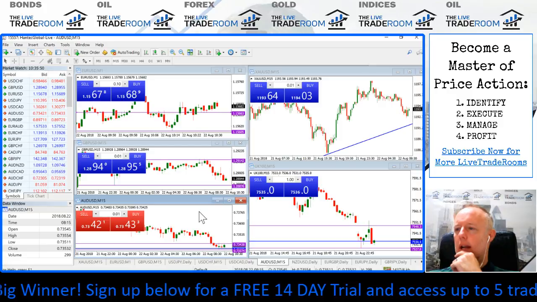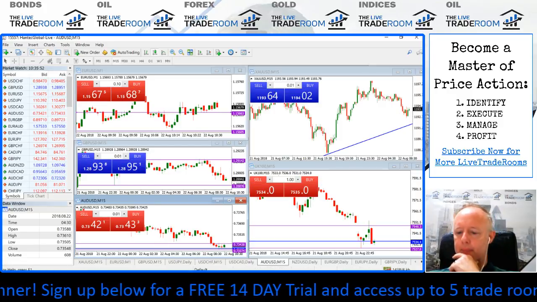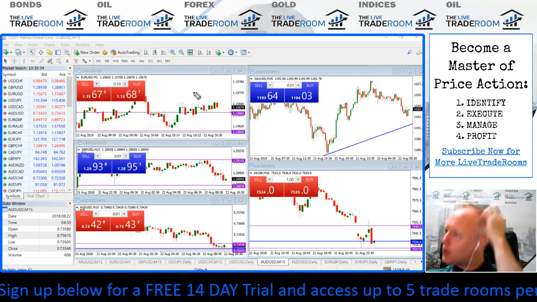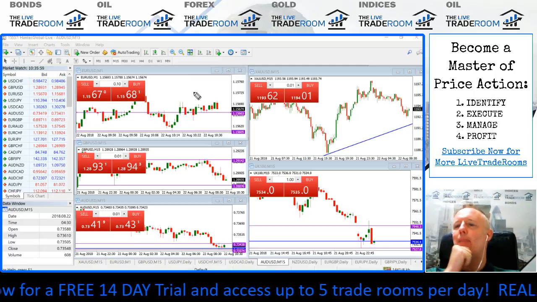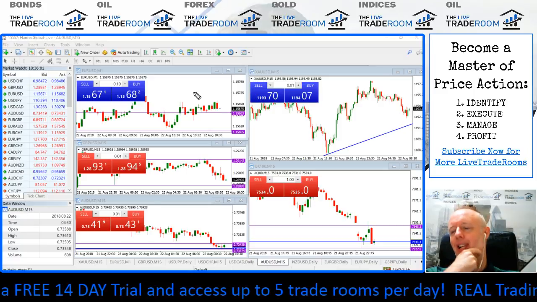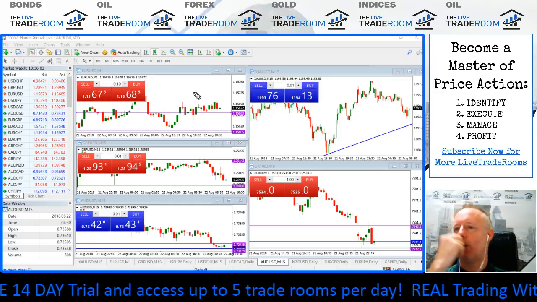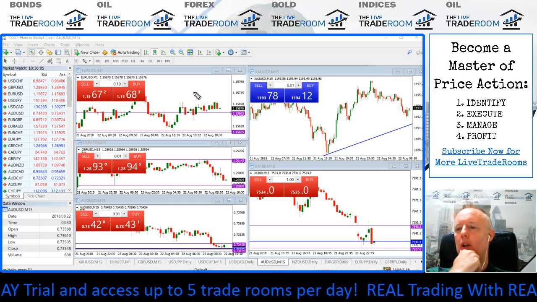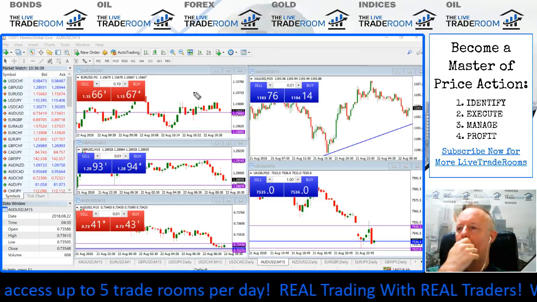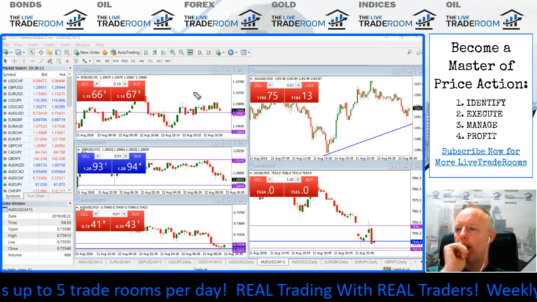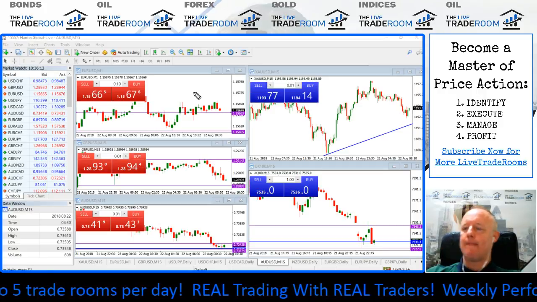Let's do a very quick recap then. So this is our trade plan for the day. We're looking to sell the euro dollar, we're looking to sell the pound dollar, we're looking to sell the Aussie dollar. Obviously that would imply a little bit of dollar strength. If we see these across the board, we might look for optimum opportunities in these markets.